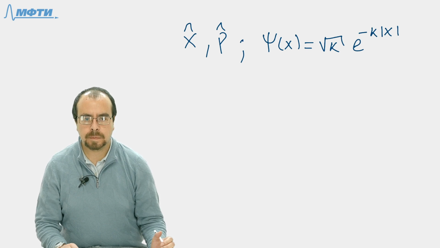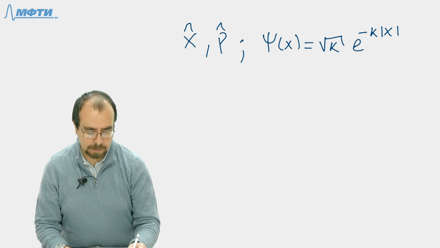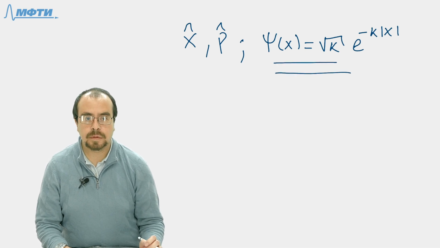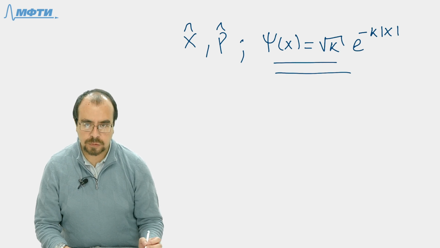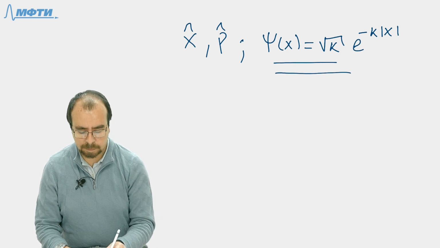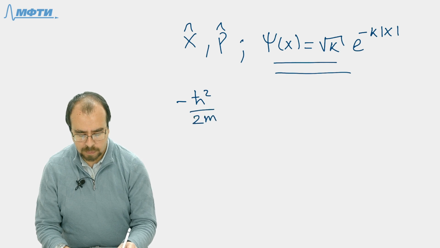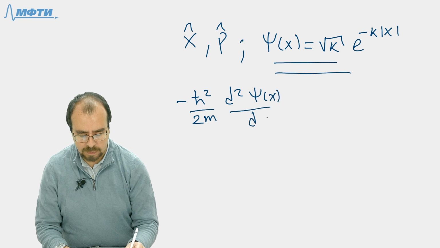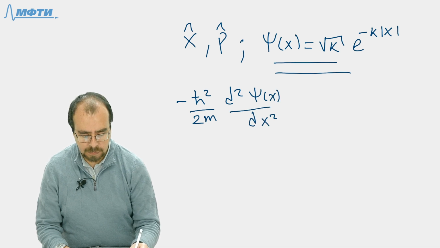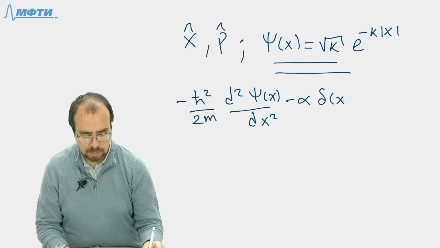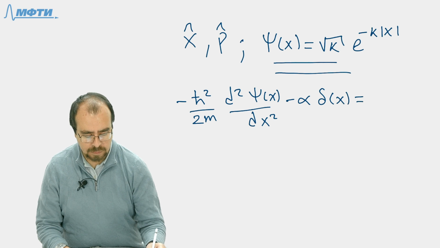So we demonstrate that this wave function was the solution for the Schrödinger equation, the standard Schrödinger equation, for our delta potential.